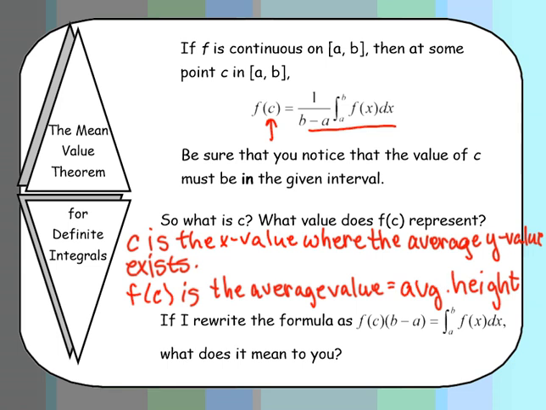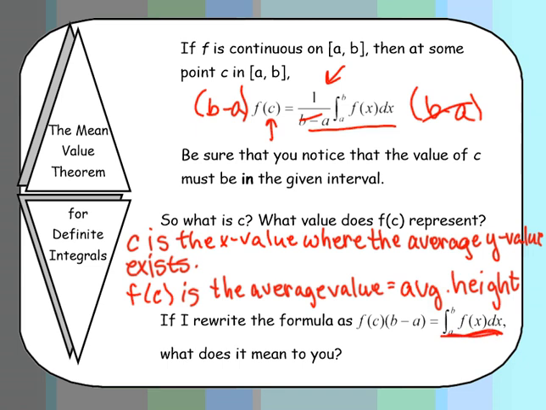Now, it still has a little bit more special meaning. We're getting to it. Just be patient with me as we develop this. If I rewrite the formula as f at c, and then I multiply both sides by the b minus a, so that those would cancel like that, then that's where I get this formula right here. So what does that mean? Well, I know what this means, right?